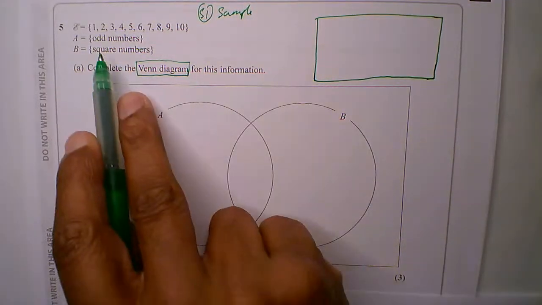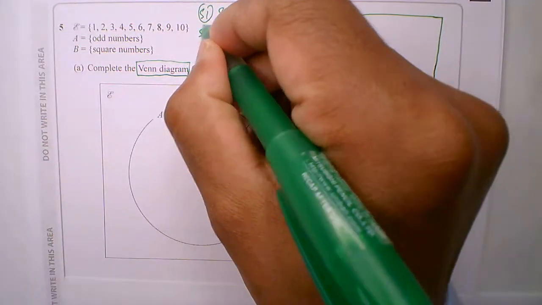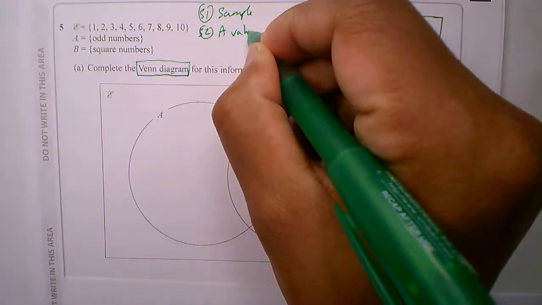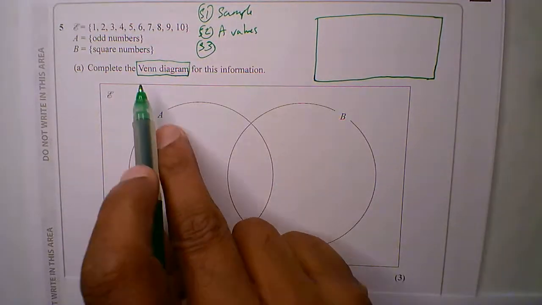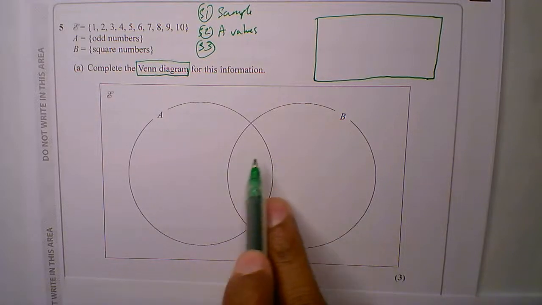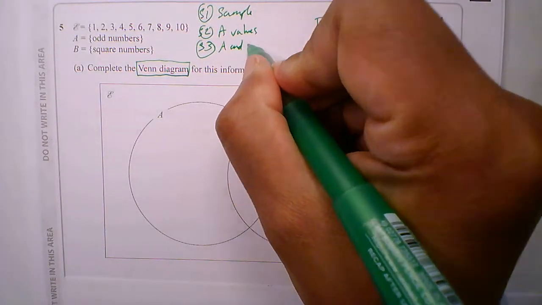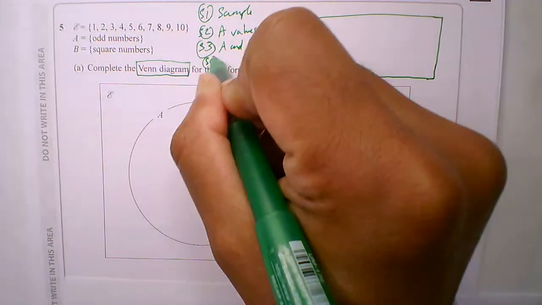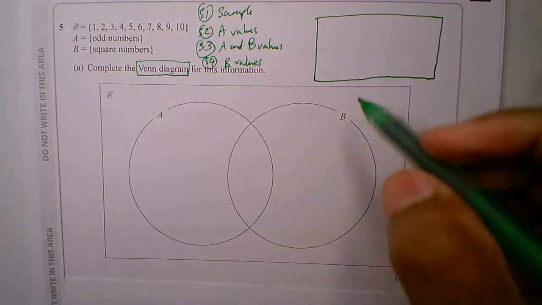Then step 2 is I'm going to put everything into A values. Then step 3 is going to be A and B, the middle. A and B values. And then step 4, I am going to have my B values only. Okay, so let's do this.